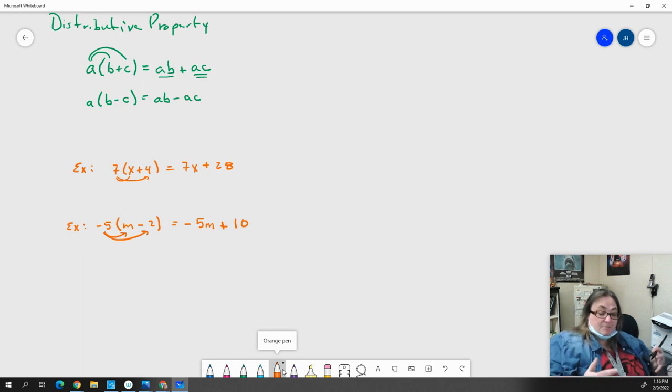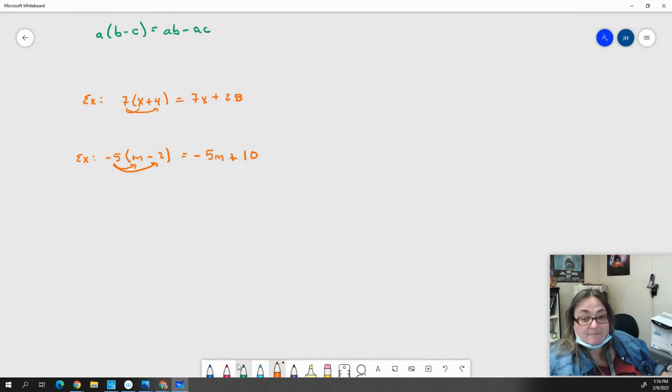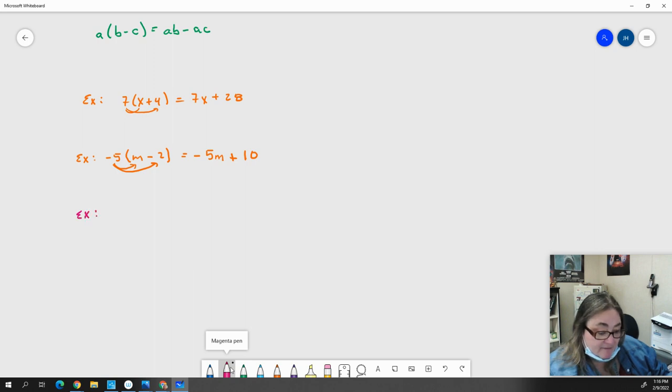And it doesn't just apply to binomials. Like, we can multiply it through bigger problems, right? For example, I could say I have 2 times x minus y plus 8.